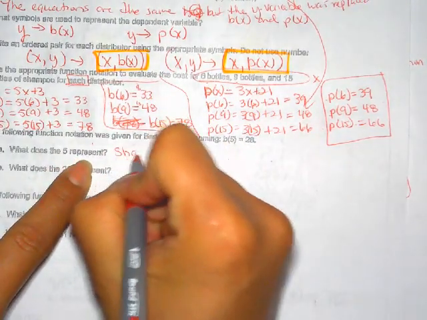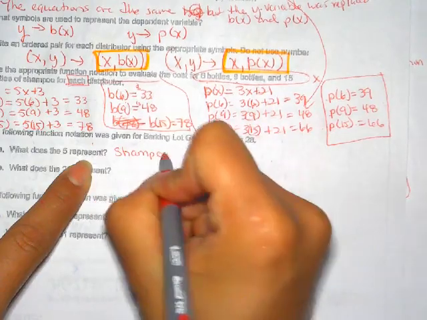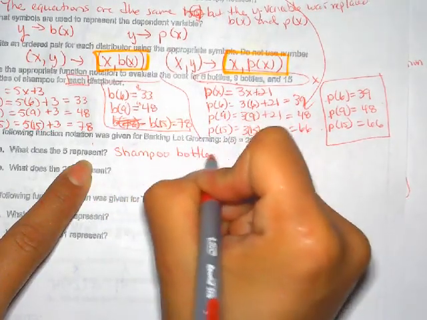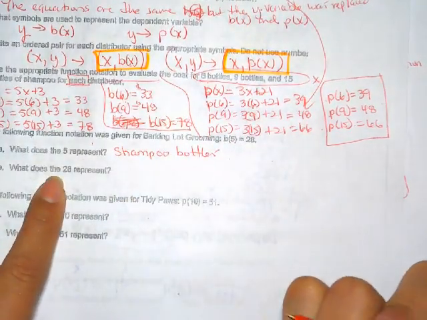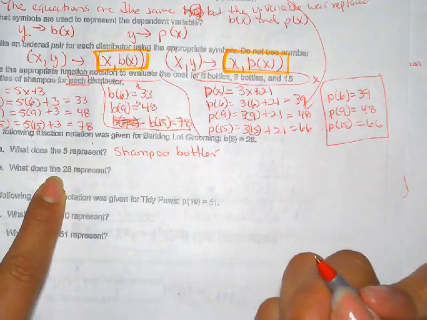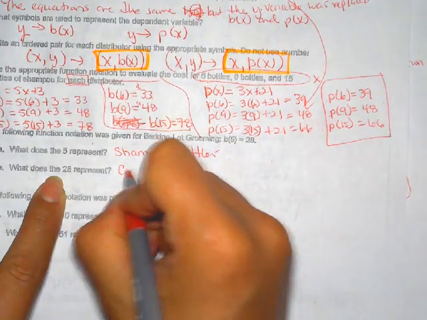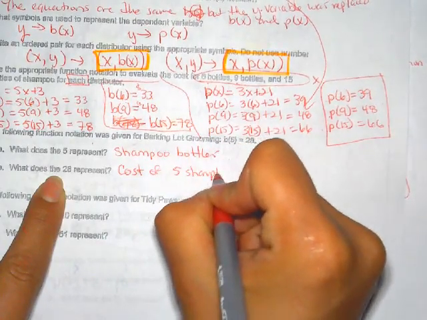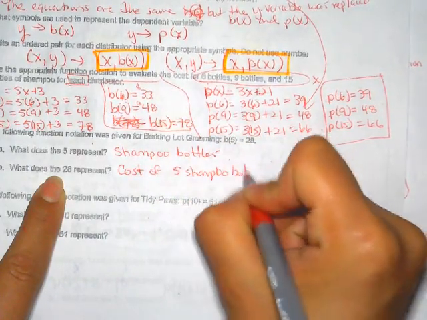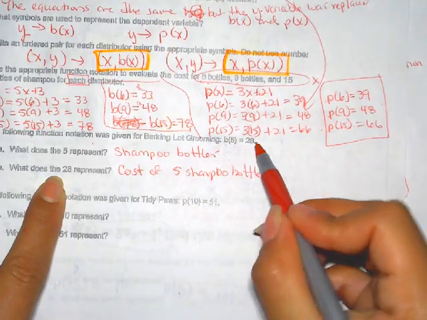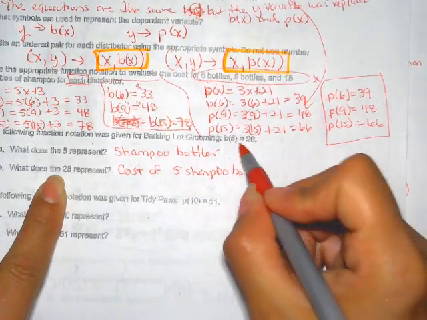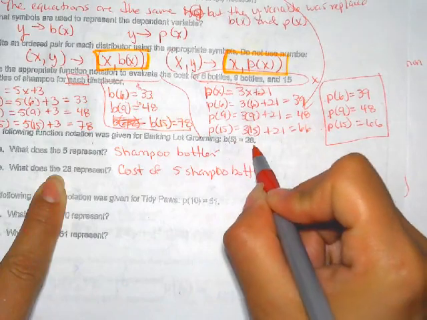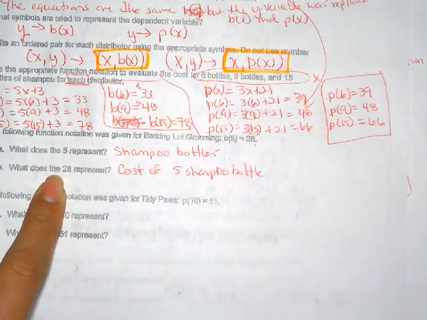Shampoo bottles. So then what does the 28 represent? The cost. The cost of 5 shampoo bottles, right? Because they go together. Because it's b of 5 equals 28. So it must mean that if I buy 5 bottles, I'm going to pay 28 with Barking Lot Grooming.